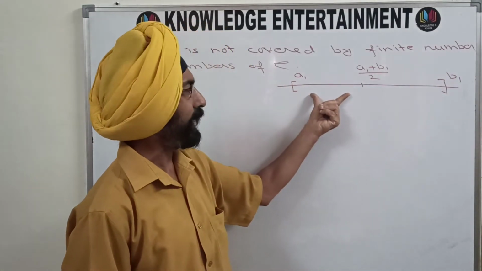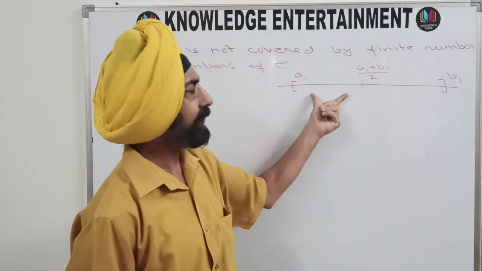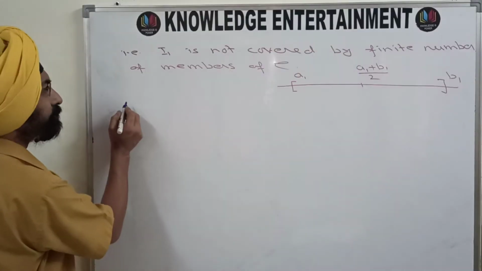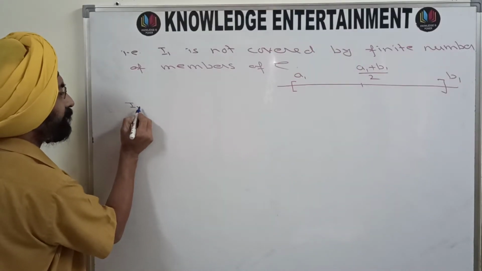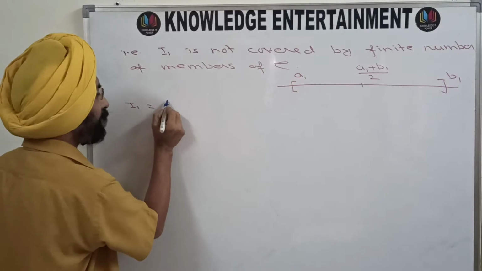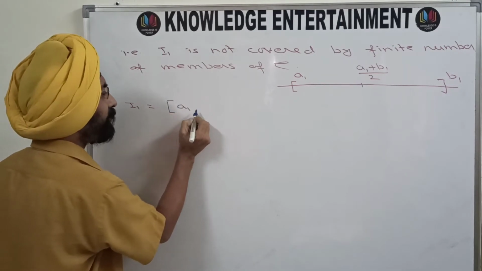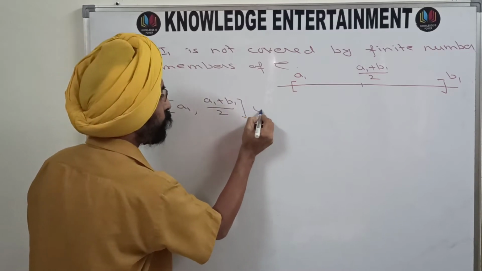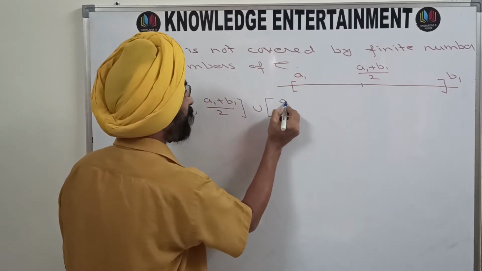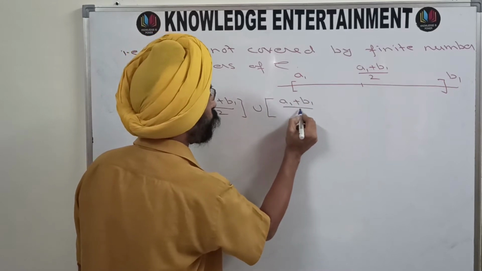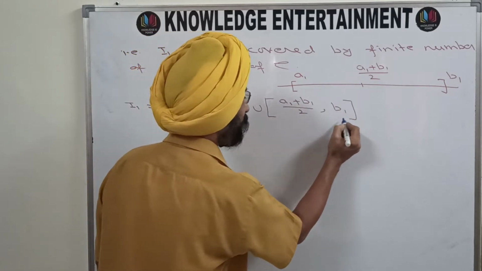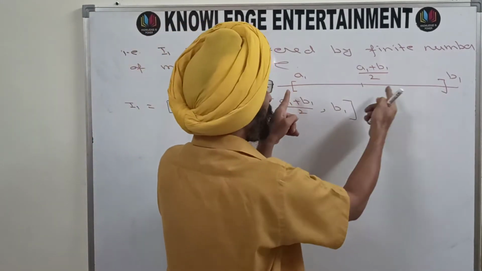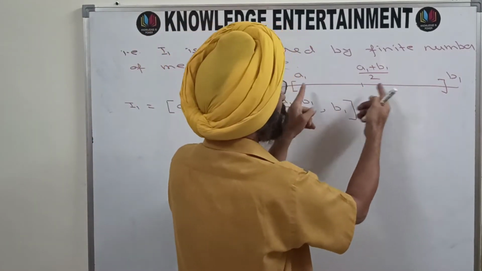One part is from A1 to A1 plus B1 by 2, and the second part is from A1 plus B1 by 2 to B1. So I1 can be written as the closed interval A1 to A1 plus B1 by 2, union the closed interval A1 plus B1 by 2 to B1.